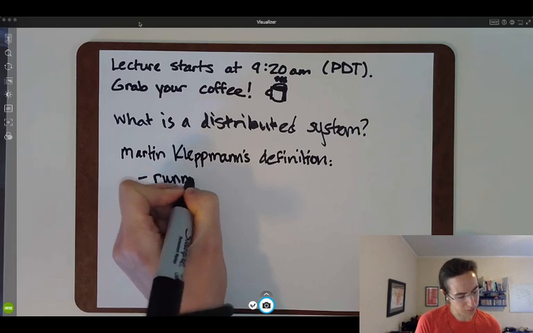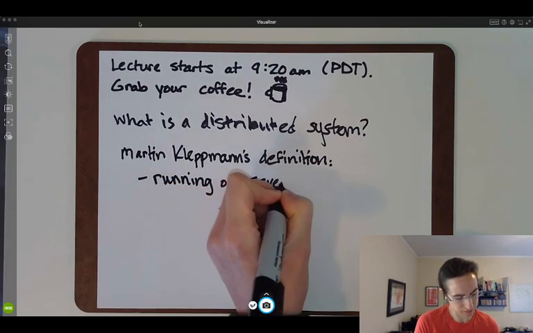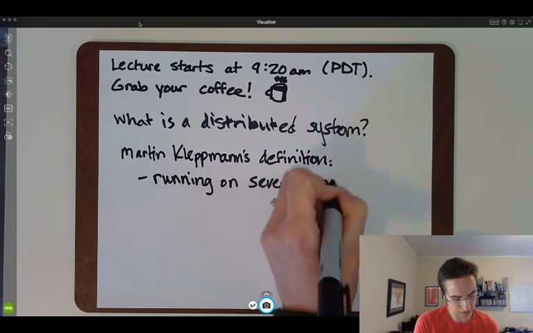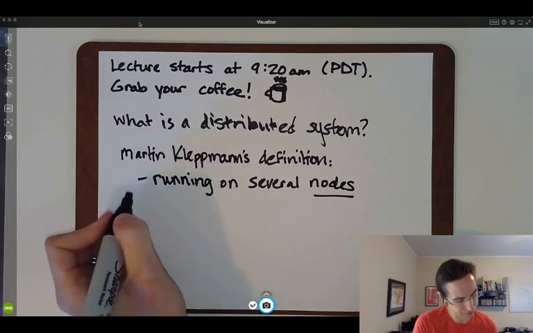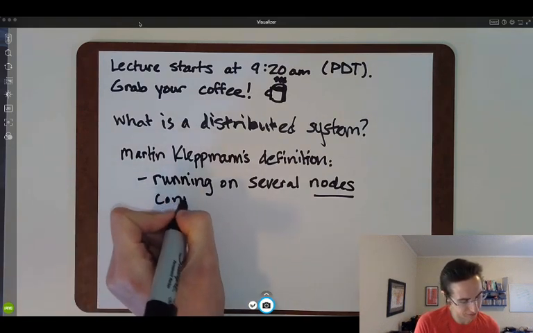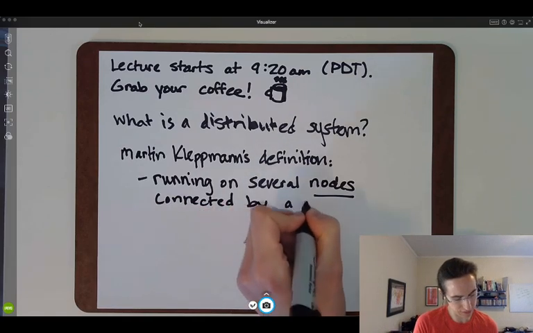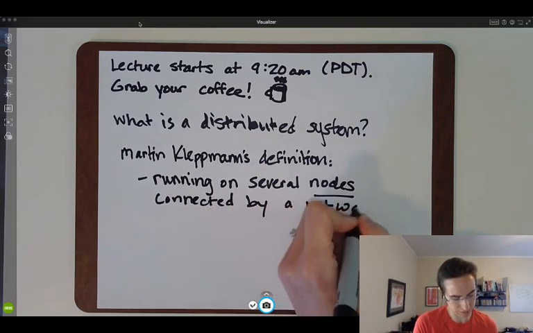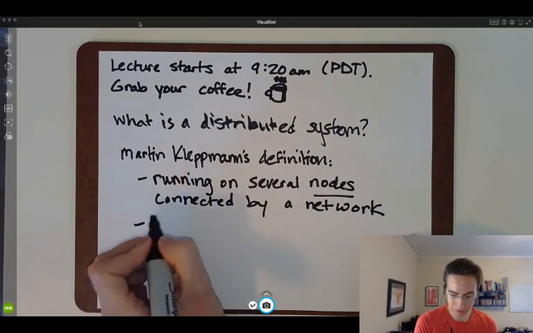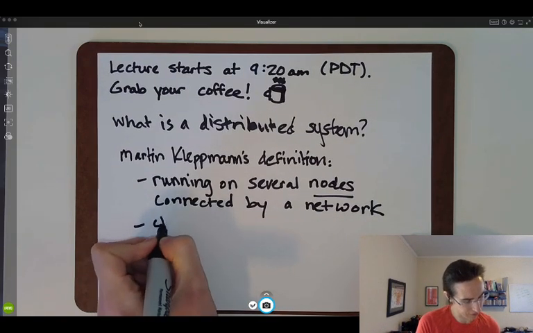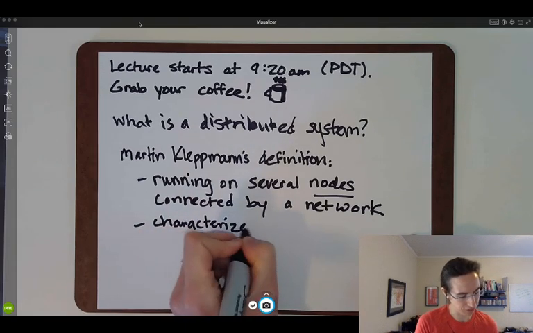So a distributed system is running on several nodes. And you can just think of a node as meaning a computer connected by a network. And then the other key part of this is that it's characterized by partial failures.